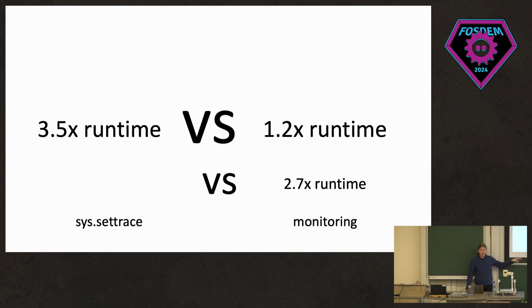When you're using monitoring, you only have a runtime increase of a factor of 1.2, which is like 20% slower, which is pretty awesome. Because this means you can debug all your tight loops, you can debug your whole applications without worrying about debugging slowing down. And when you enable all line events, it's still 30% faster than with sys.settrace.